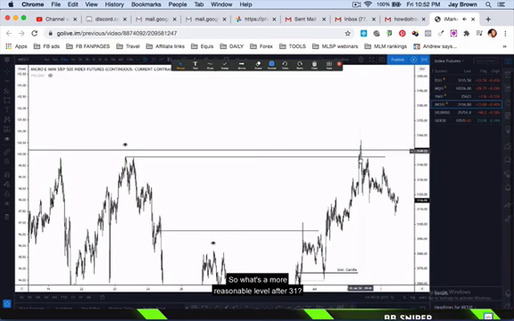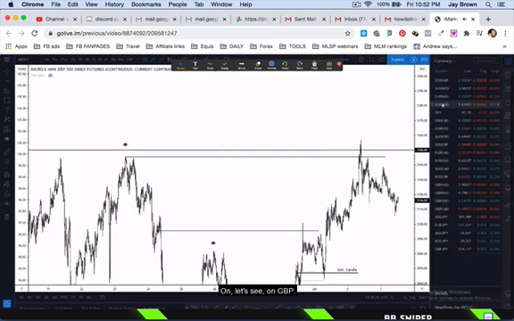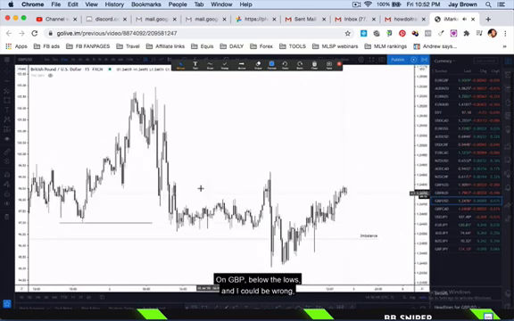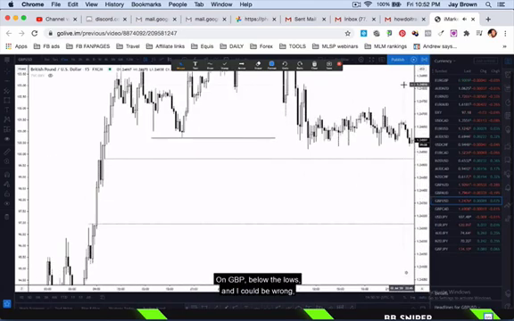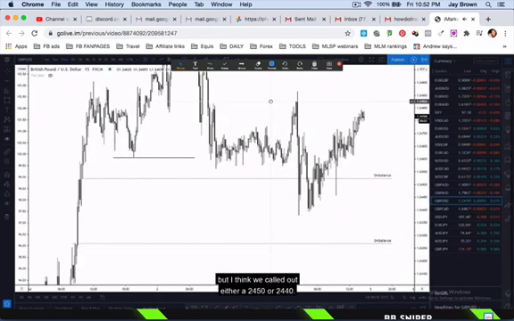So what's a more reasonable level after 3150 on, let's see, on GBP? Below the lows, and I could be wrong, but I think we called out either 2450 or 2440. I don't remember which one it was, but why 2450?